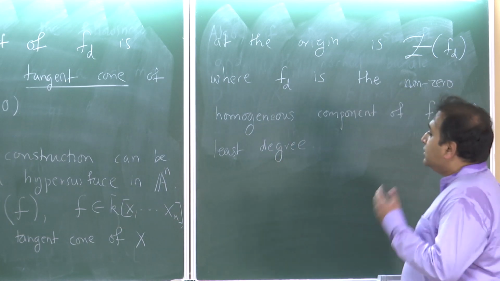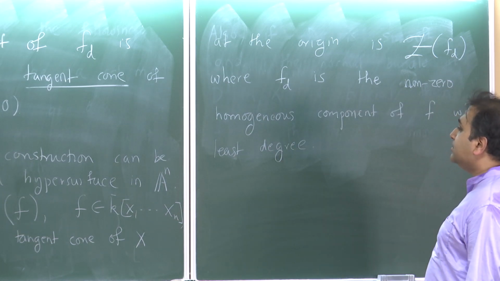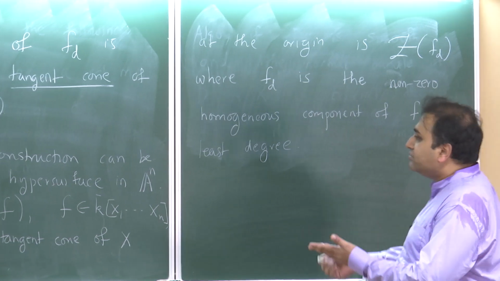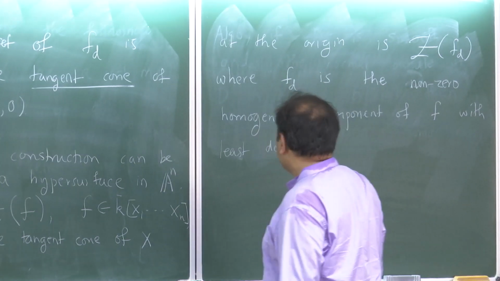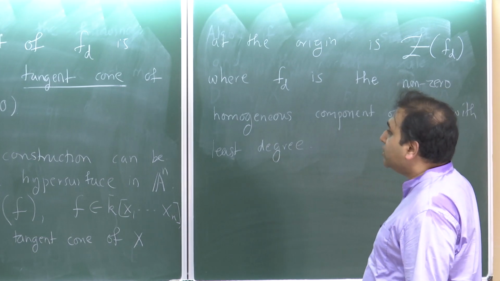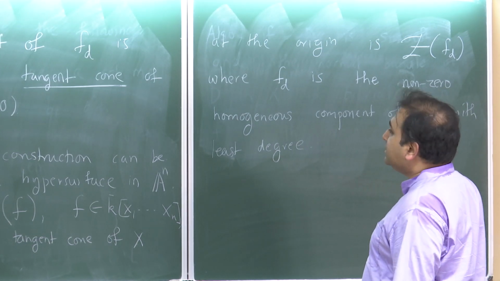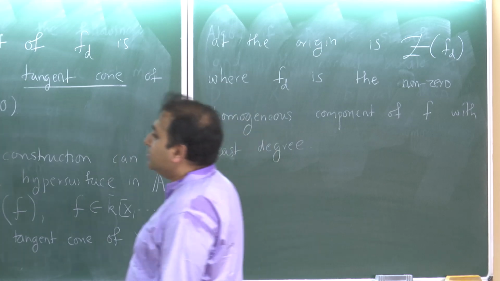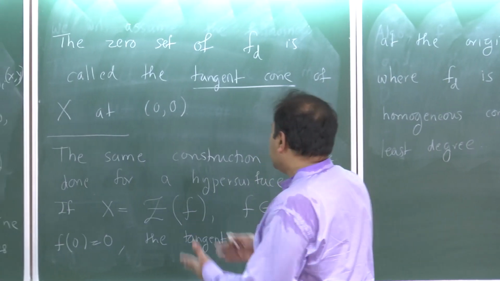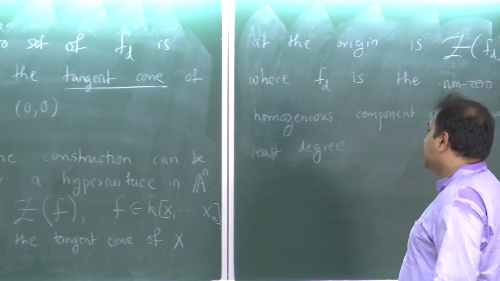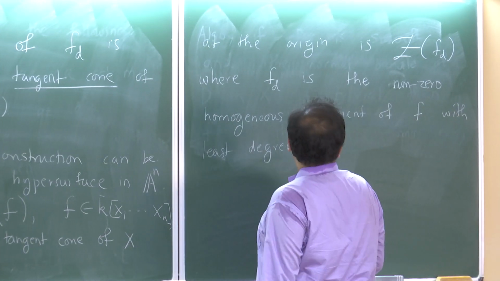Okay, so now the thing is that so far I've just talked about what this is. I haven't said anything about what it is good for and what we are going to do with it. But roughly speaking, it tells you what the variety looks like near this particular point.